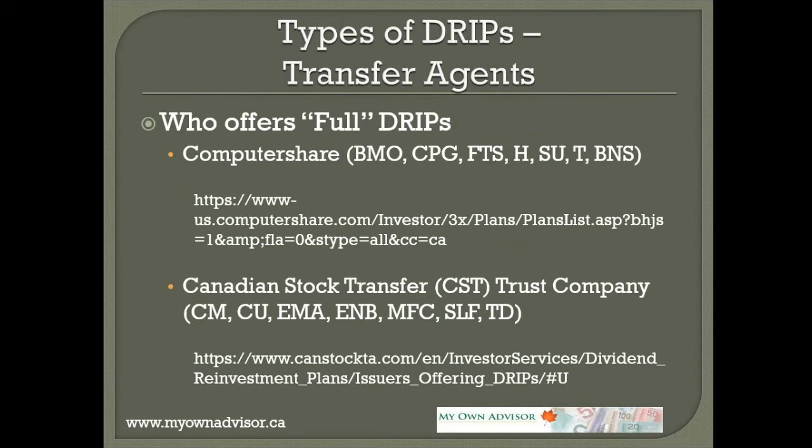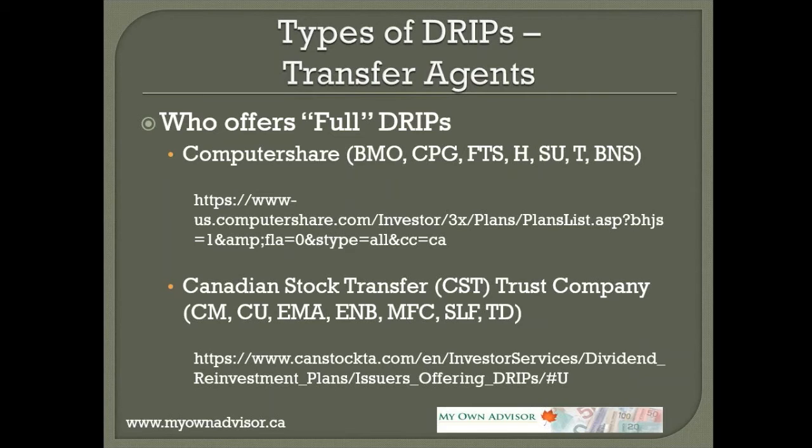Okay, so who offers those DRIPs? Who are these transfer agents that allow you to do these dividend reinvestment plans on the company's behalf? I put two big ones here in the Canadian space. There's one called Computershare, and you may not know the stock symbols there, but I can let you know what those are.